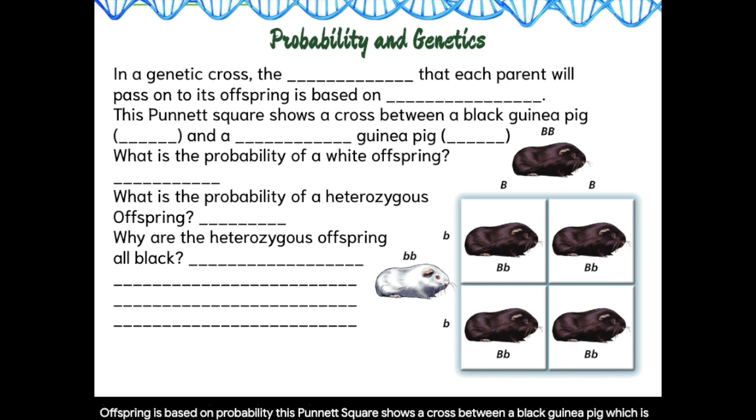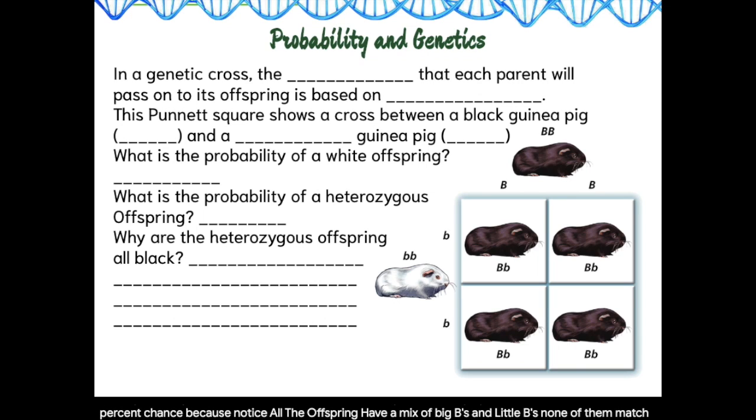What is the probability of getting a white offspring, just based on the Punnett square you see? That's correct. There's 0 probability of getting a white guinea pig. So what's the probability of a heterozygous offspring? Again, you are correct, 100% chance, because notice all of the offspring have a mix of big B's and little b's. None of them match.